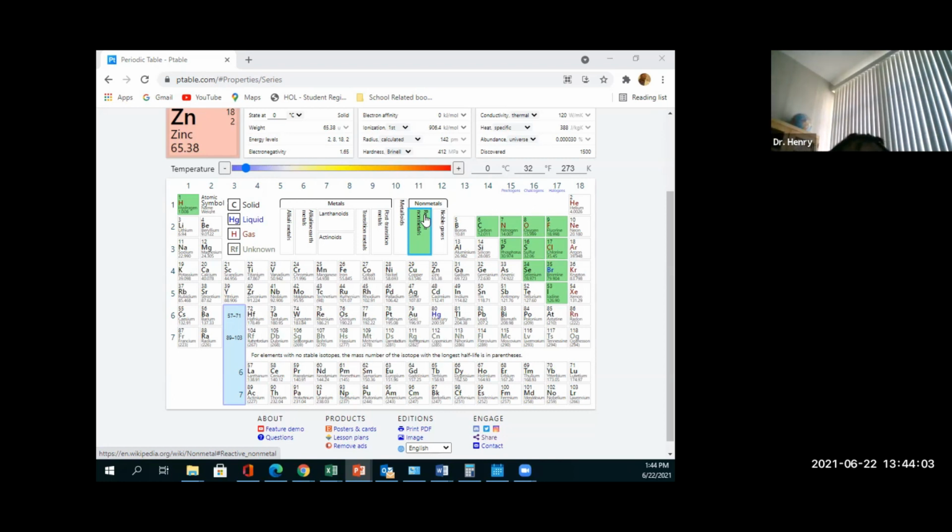So if you're using something for insulation, are you going to use a metal or a non-metal? Insulation. In other words, you don't want heat or electricity to be conducted. Non-metal, okay? Insulation is kind of like what we put in the walls, right? So we insulate to try to keep the cold air in.